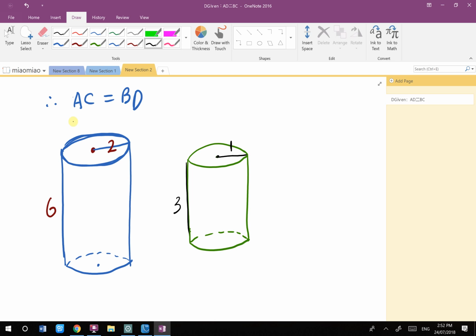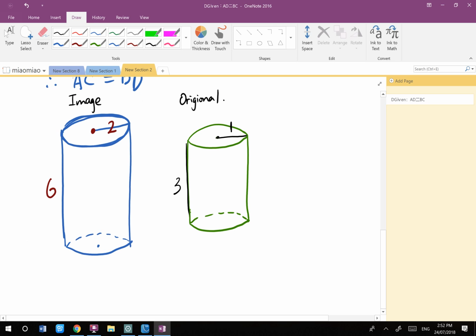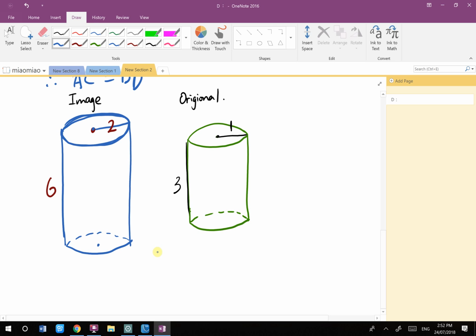So if I say that's the image and that's the original, the scale factor will equal 2 over 1. That is 2, the image over the original.